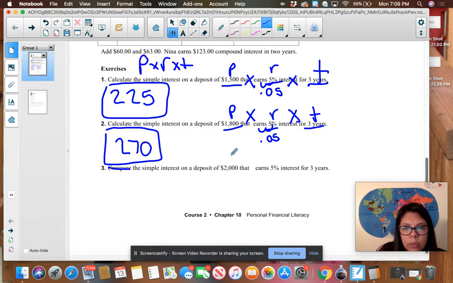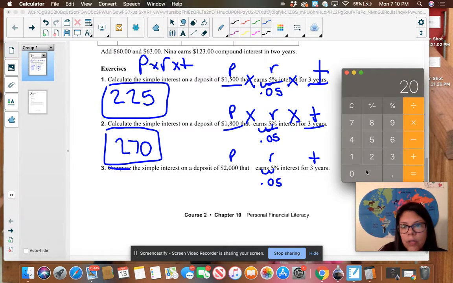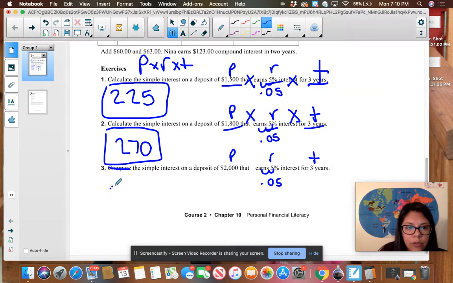So we know this is P, R, and T. Always changing the percent into a decimal, 0.05. So 2,000 times 0.05 times 3 is $300.